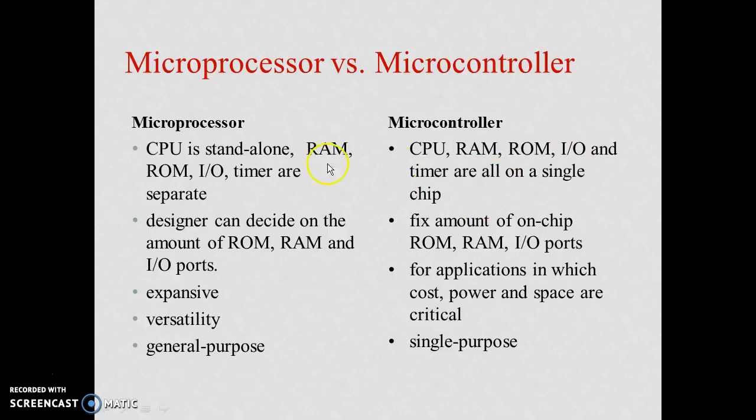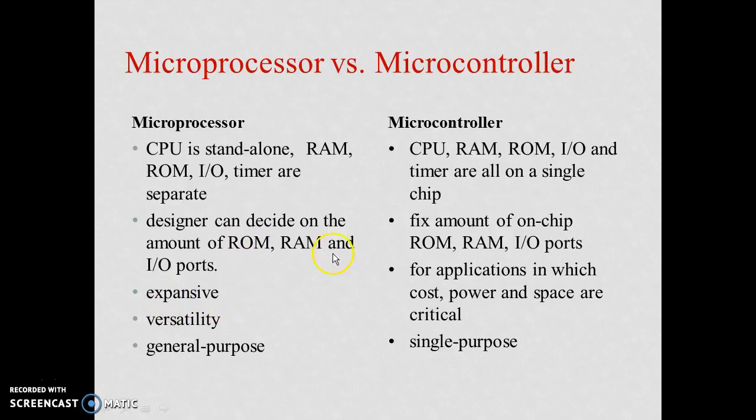In the case of a microprocessor, the designer can decide the amount of ROM, RAM, and I/O ports. But for the microcontroller, all I/Os are fixed, and RAM and ROM sizes are fixed. If you want bigger memory, then he has to choose a microcontroller with higher memory handling capacity.